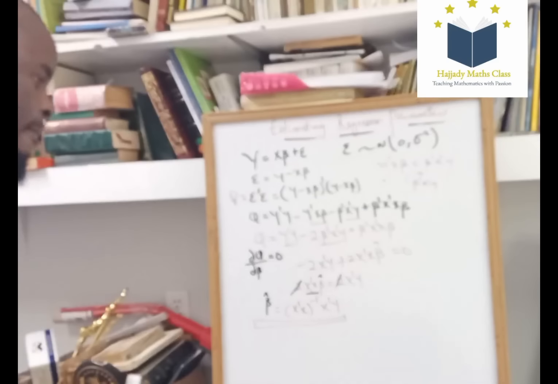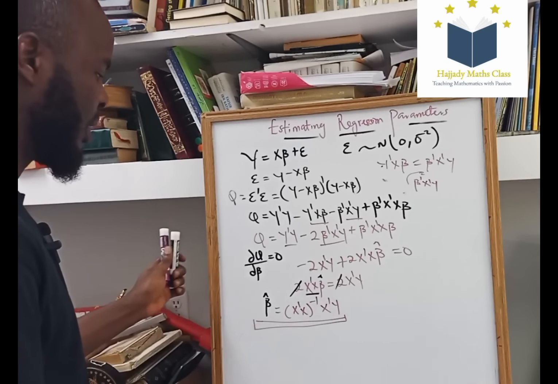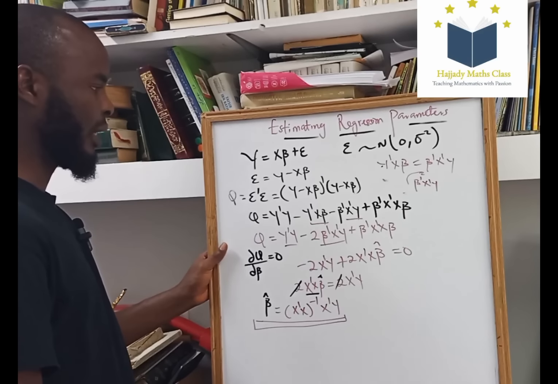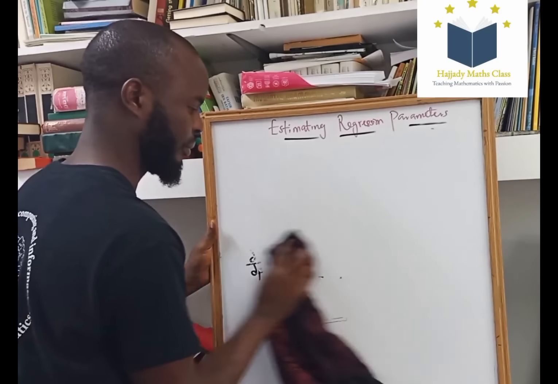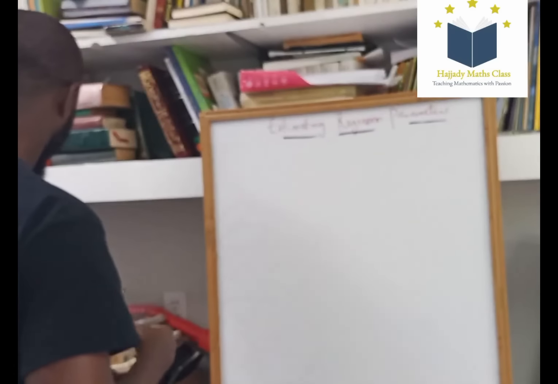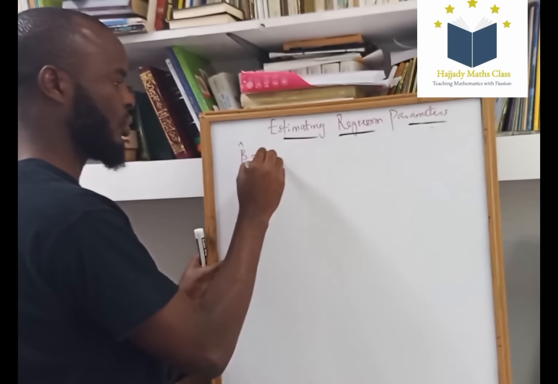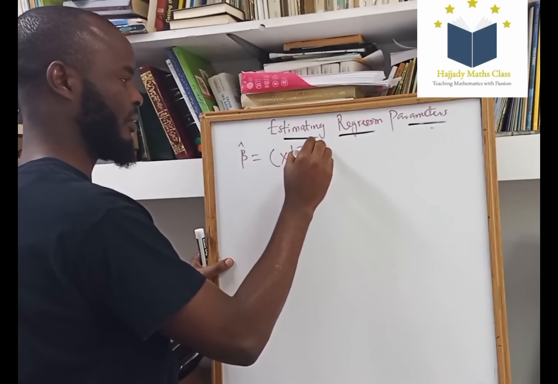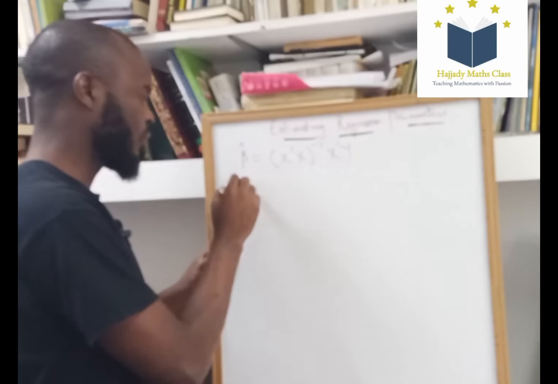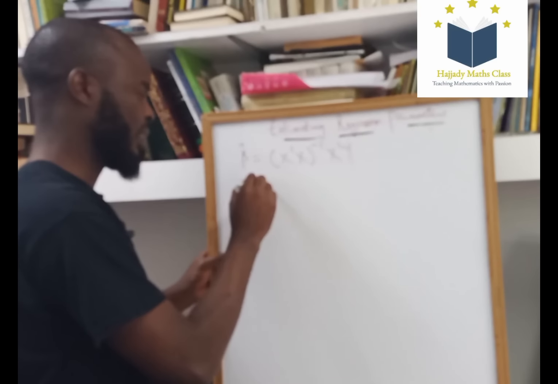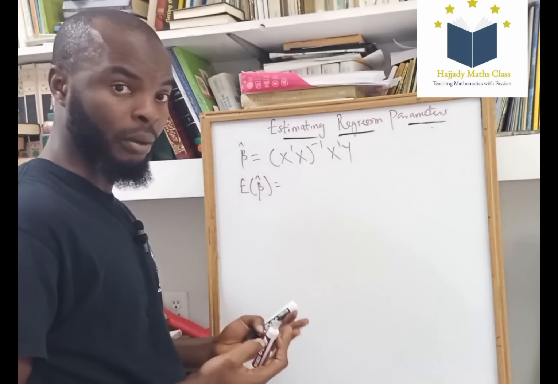Now we want to estimate. And part of what we're going to do here is that we've known the value of β to be this. So how do we get our expectation of β and also the variance of β? We have β cap equals X prime X inverse X prime y. So here we want to find the expectation of our β cap, and our objective is to show that it is an unbiased estimate.